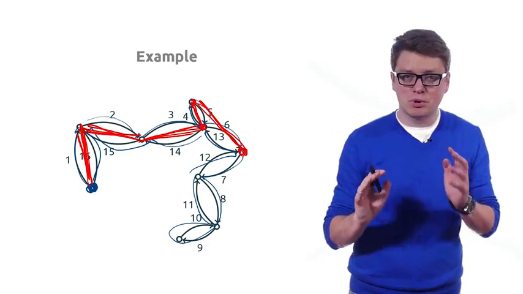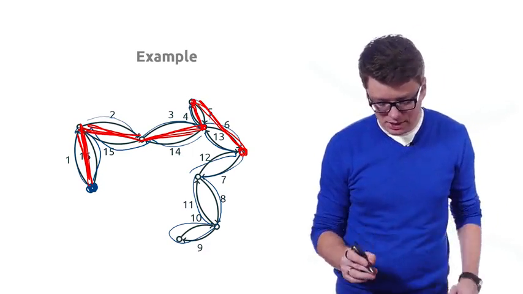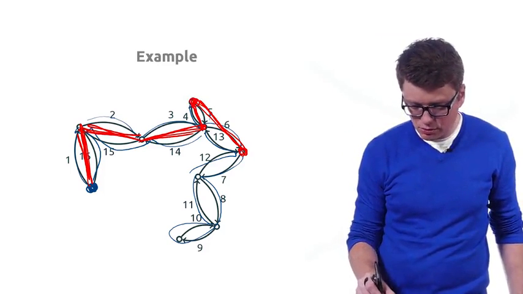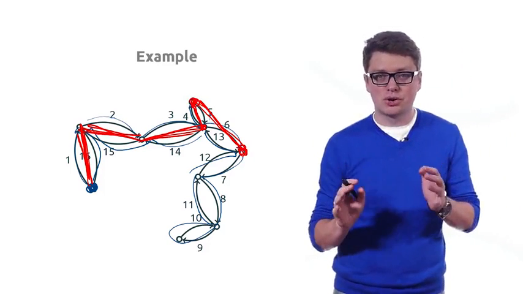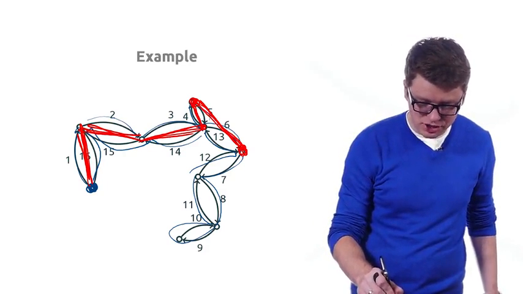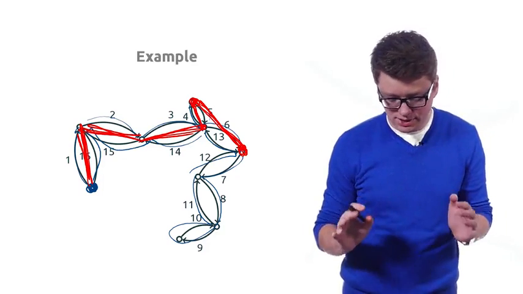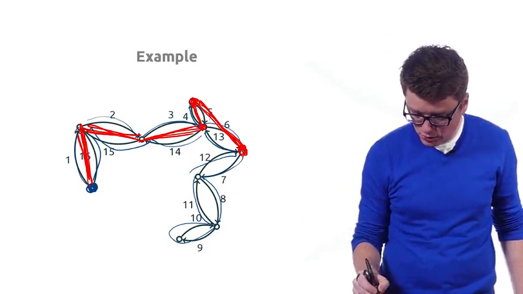And the nice property is that our graph is metric, which means that going directly from this node to this node can only shorten our current cycle. So using this edge instead of edges 5 and 6 can only decrease the length of our current cycle. And then we repeat doing the following things.